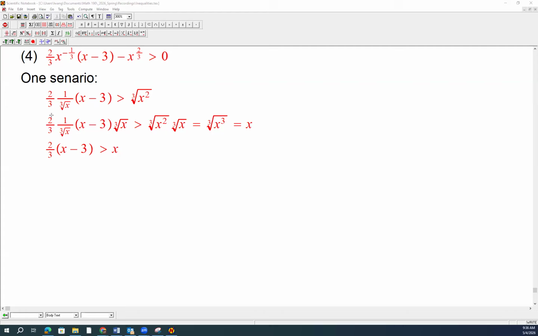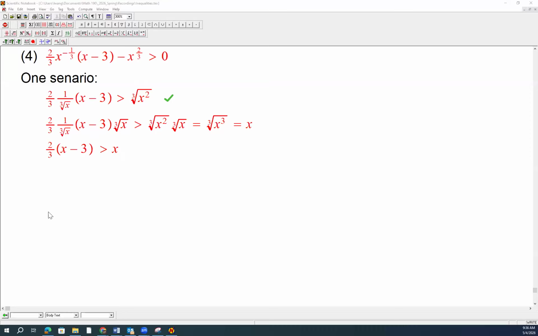So this step, I'm going to be specific, this step is okay. But this step, what is not okay?